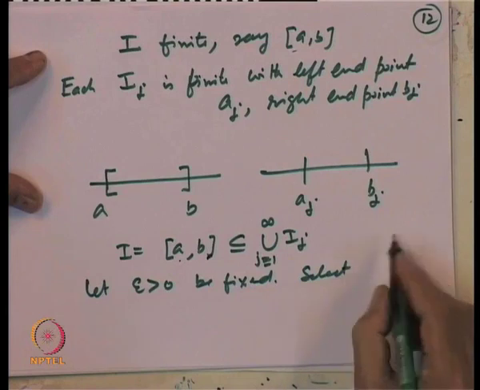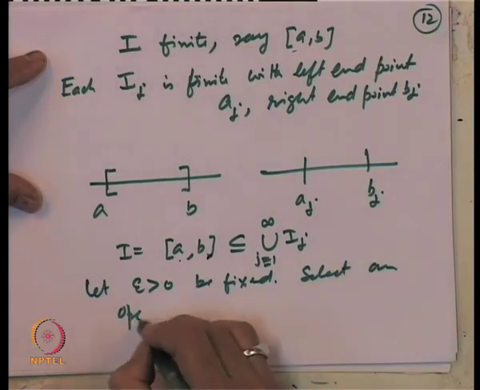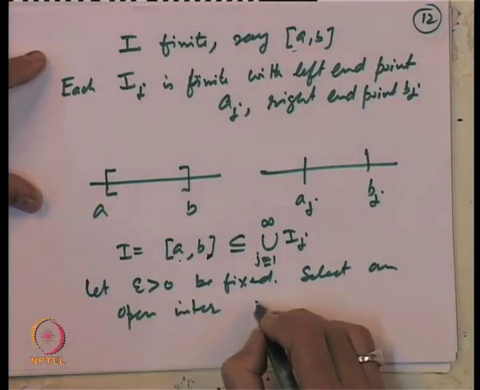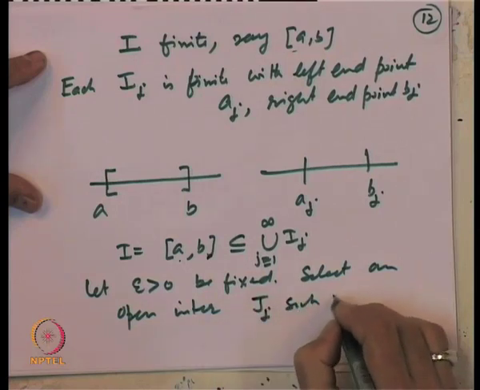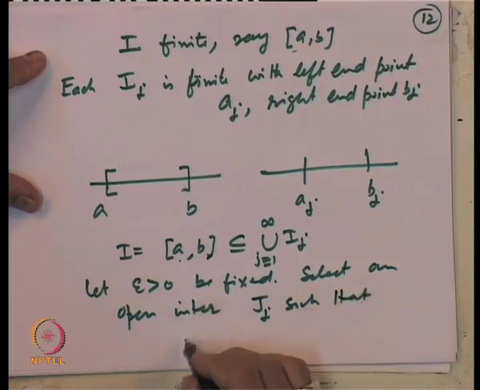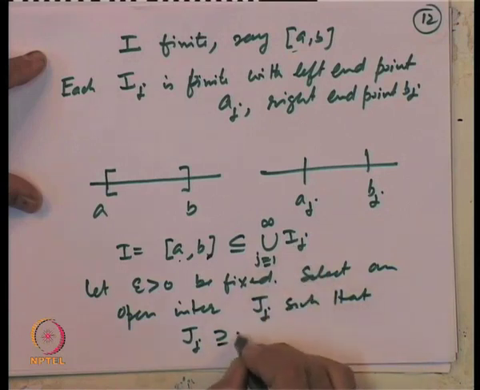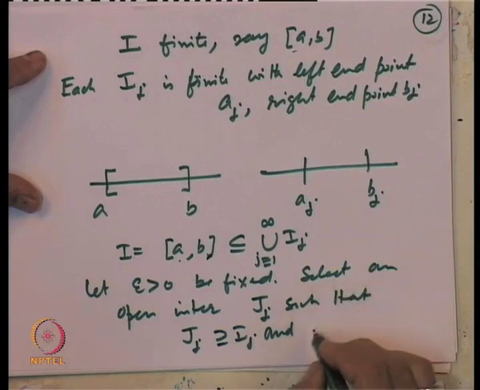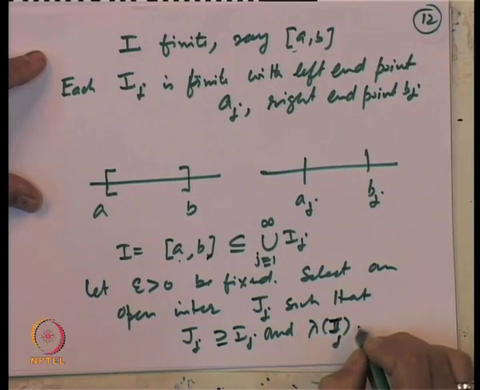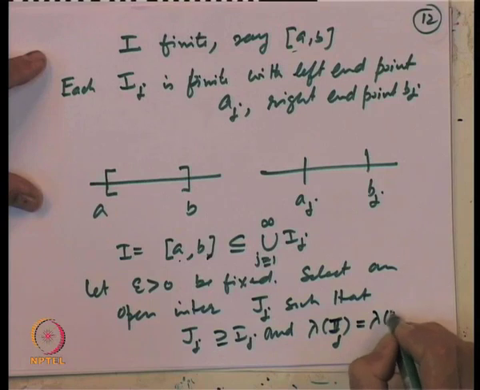Select an open interval, call it J_j, such that this J_j includes our interval I_j and does not change the length much. The length of J_j is equal to the length of I_j plus epsilon.